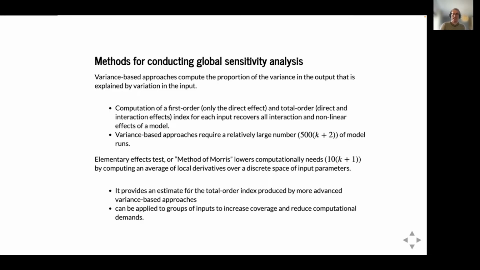That provides an estimate; it doesn't provide as comprehensive information as some of the more advanced variance-based approaches, but it does a pretty good job, and it's particularly good for identifying parameters that are not influential in the model results. It's also known as a screening approach, because it allows you to reduce the dimensionality of your model.